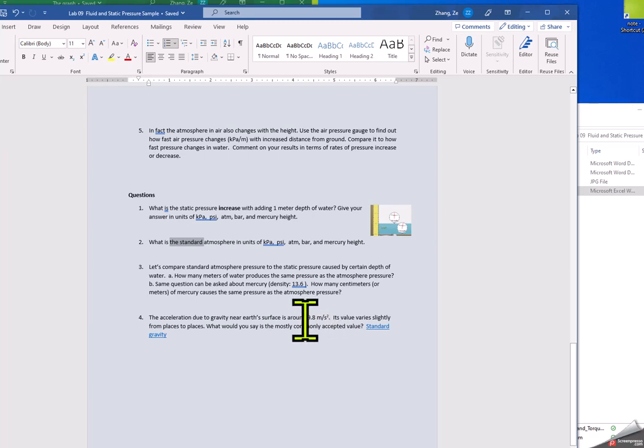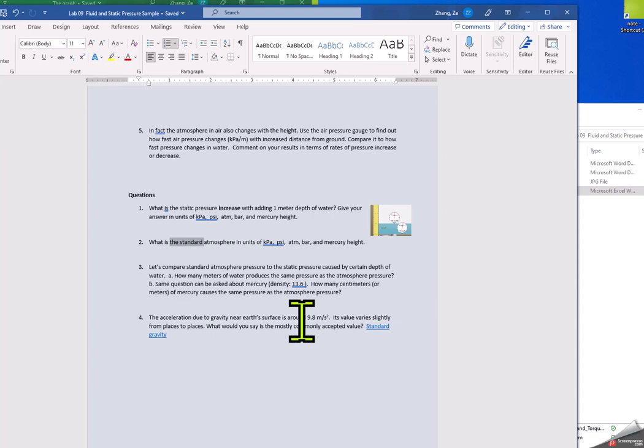The 9.8 is what we use in school for calculation, which is fine, but in fact, because it's due to the universal law of gravity and the Earth is not uniform, some places are higher and some lower, and some places even have magnetic fields, the gravitational acceleration changes a little bit.